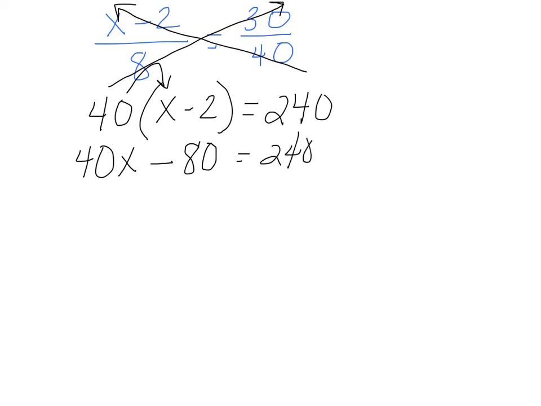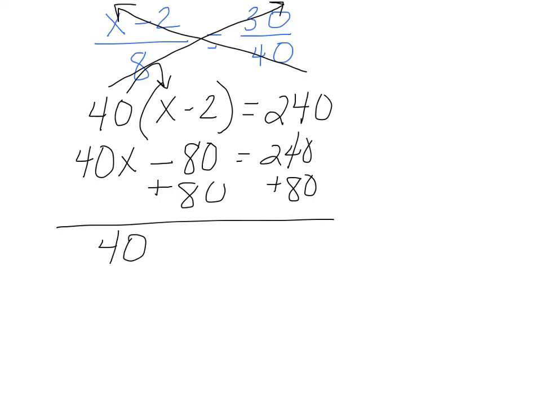In order to get my x alone, I first have to add the 80 to both sides. And I'm left with 40x is equal to, and now when I add these two pieces, they're both positive numbers, so it's going to come out positive. 4 plus 8 is 12, carry my 1, so I get 320. Now in order to get x alone, I have to say that this is 40 times x.